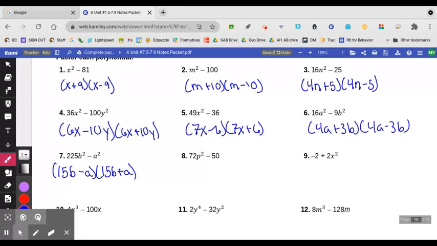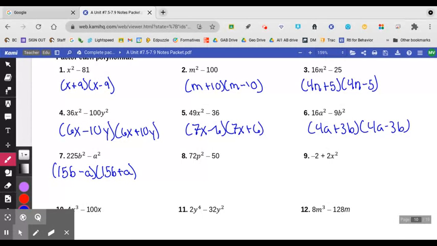Okay, so here 4 is 6x minus 10y times 6x plus 10y. 5 is 7x minus 6 times 7x plus 6. 6 is 4a plus 3b times 4a minus 3b. 7 is 15b minus a times 15b plus a.